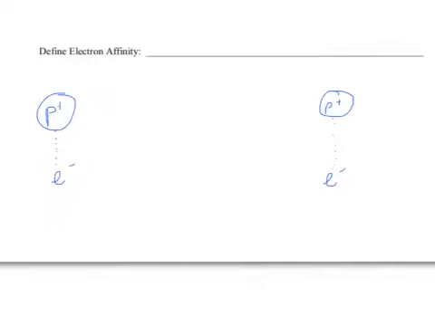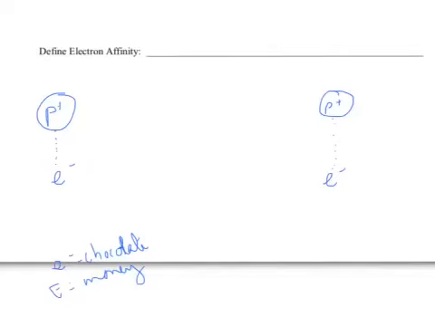Remember also, the day before when we were talking about metals and ionization energy, we used an analogy: electrons are like chocolate, and energy is like money.